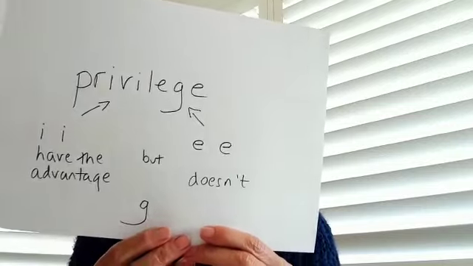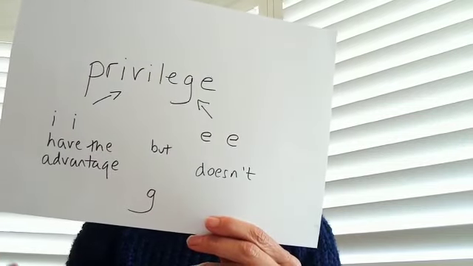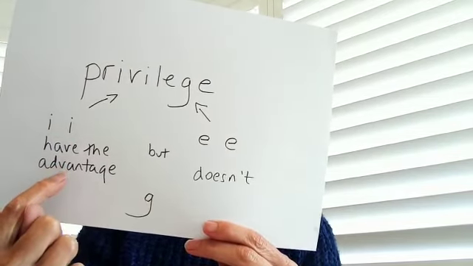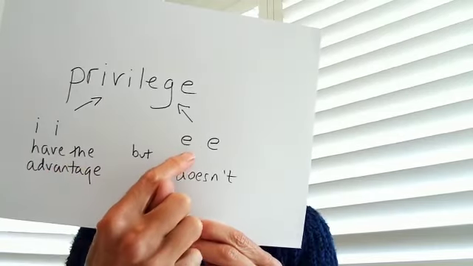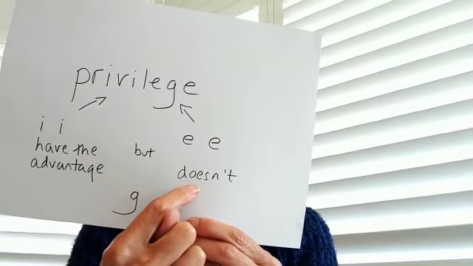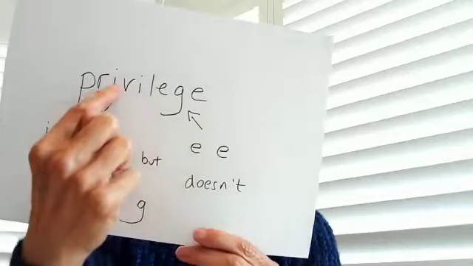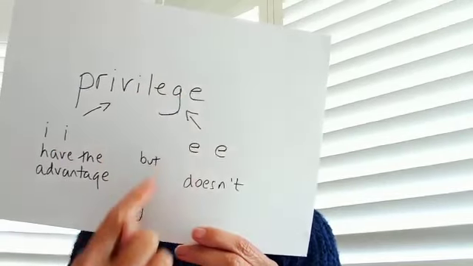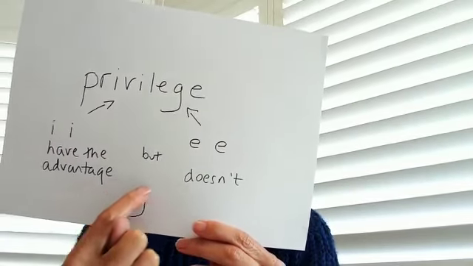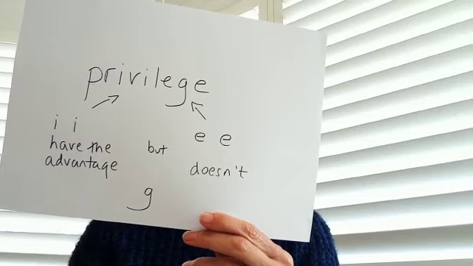Privilege is spelt like this, and I've thought I have a privilege, but he doesn't. The idea being this is tricky, I, E, and then all you have to remember is that it finishes with a G. I'll leave that with you. It may or may not help you.